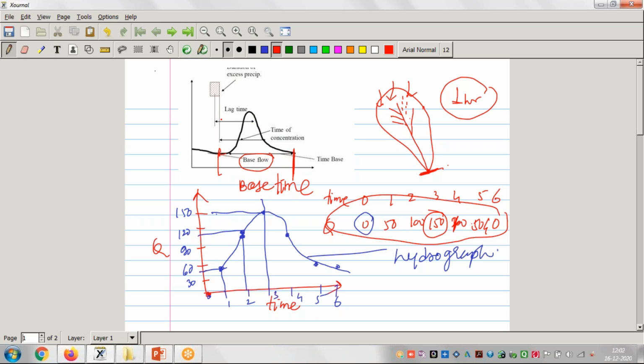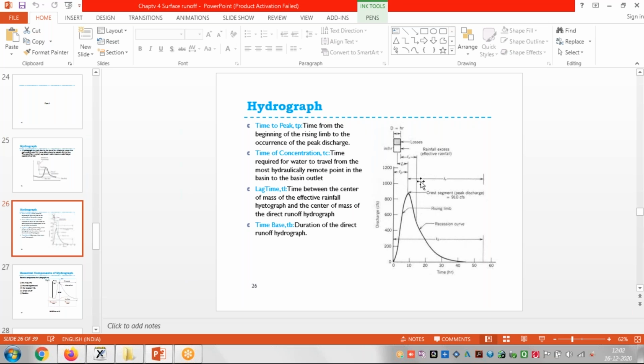So here you will see that this time is given here. Is it given here? Here not given, but here it may be given, right?